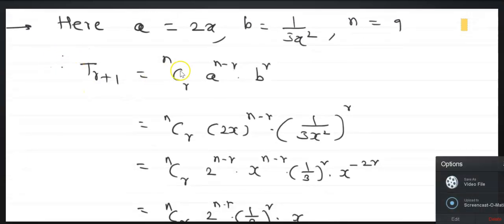Now see this. T(r+1) equals nCr a^(n minus r) into b^r. Now substitute the value of a as 2x and b as 1 upon 3x squared. Now perform the calculation. nCr 2^(n minus r) x^(n minus r) (1/3)^r, and (1/x^2)^r means what? x^(minus 2r).